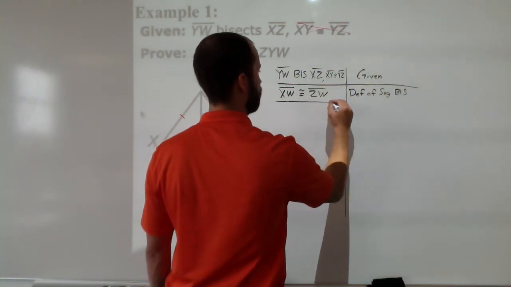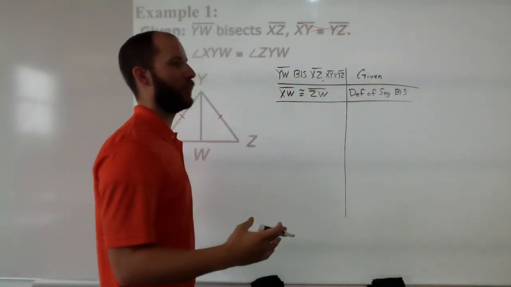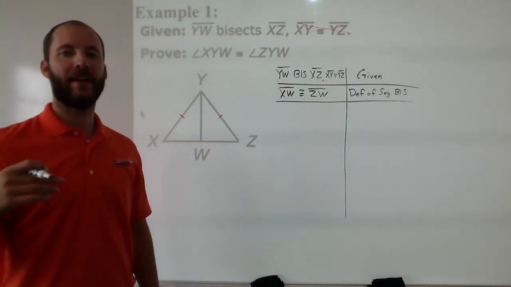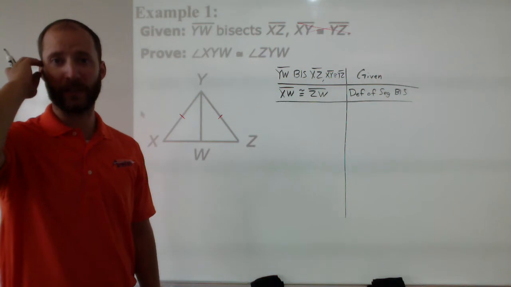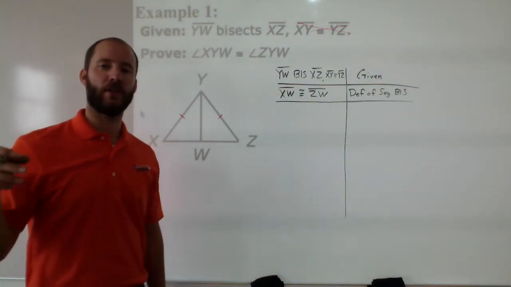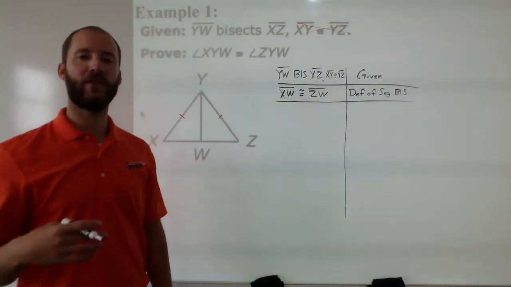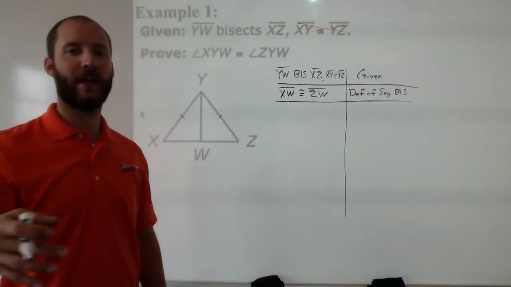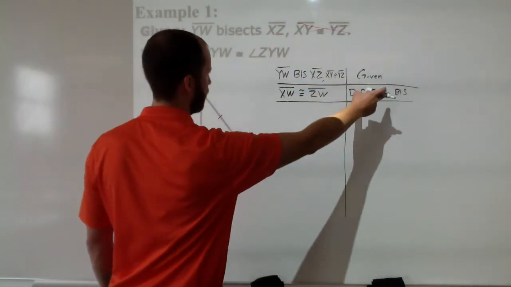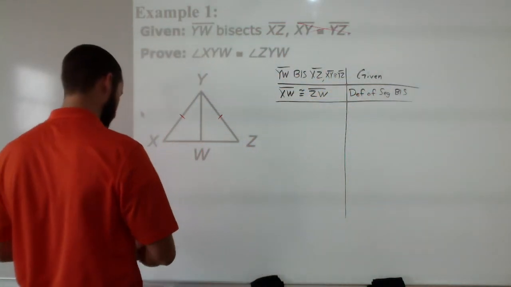I would hope at this point, if you've been engaging with these proofs and looking at references and writing things down, that a lot of these moves should start becoming a little automatic. You've seen them enough times. It's kind of like in algebra. When you have x plus 5 equals 7, you've seen it enough where you say, hey, plus, I have to do a minus. You see, hey, 2 segments being bisected, got to use the definition of a segment bisector.